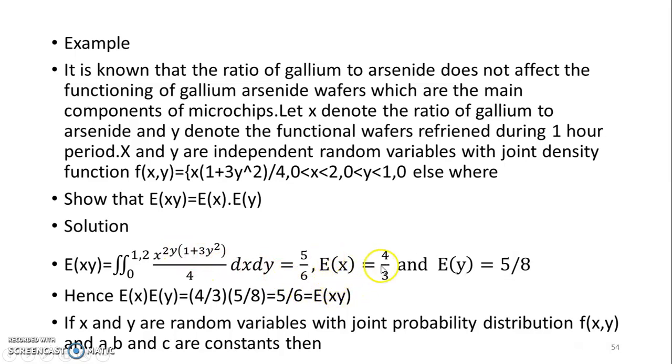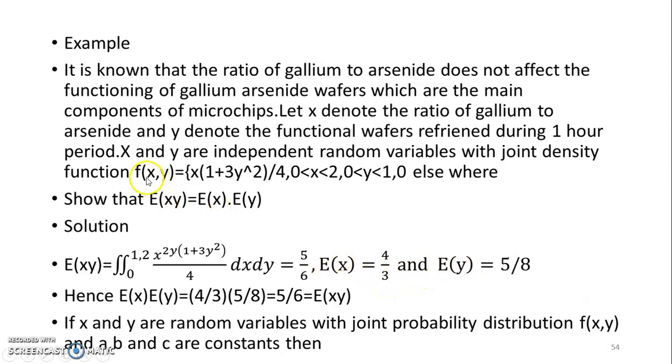And the expected value of X alone is equal to, if we multiply x by this function and then integrate with respect to y, we shall get 4 out of 3.